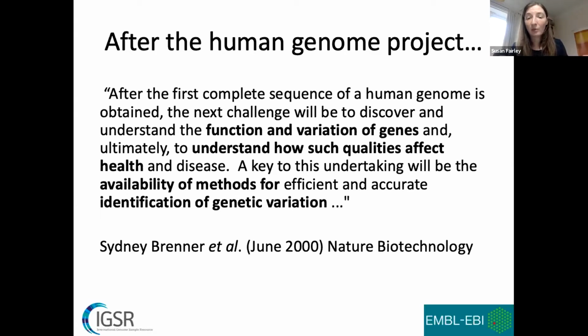But what Sidney Brenner is saying is that if we want to move on and understand what's going on in terms of function and variation, and the impact that genetic variation has on health, we need to be able to look at genetic variation more widely. And if we're going to do that, we need the tools and the technology to be able to do that.